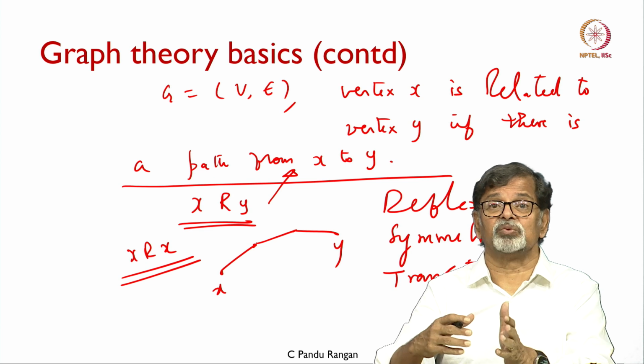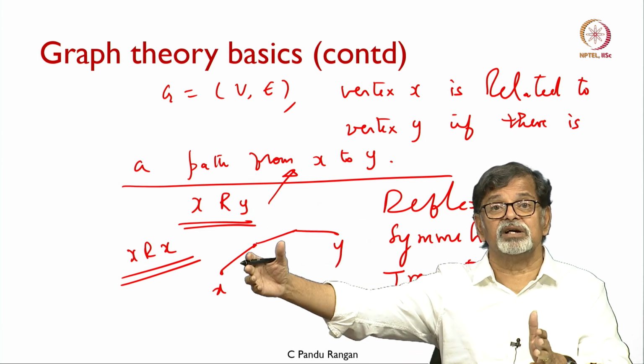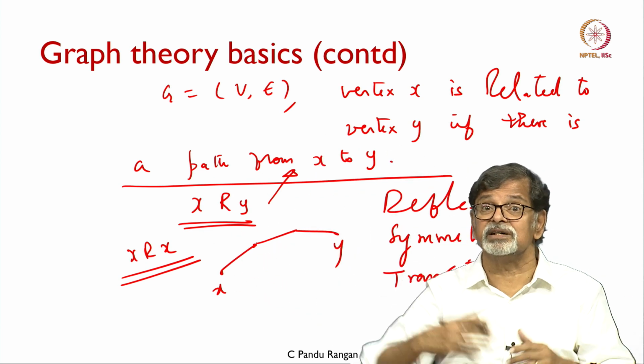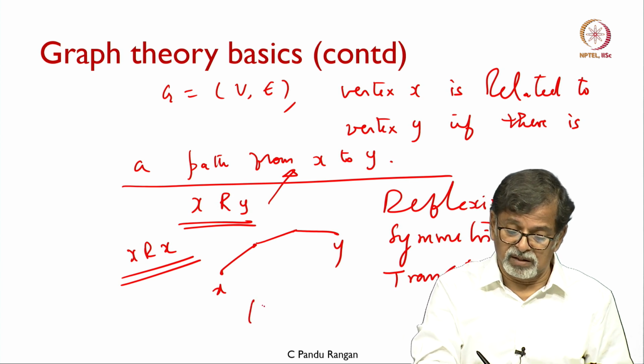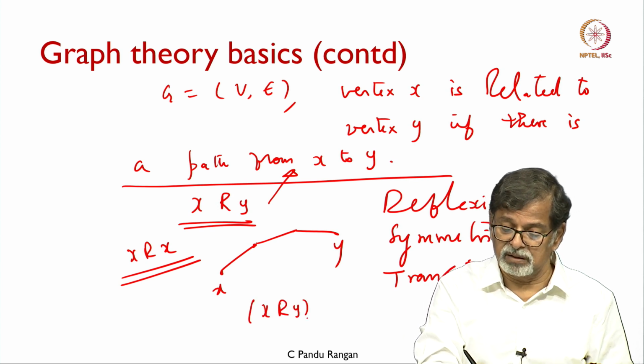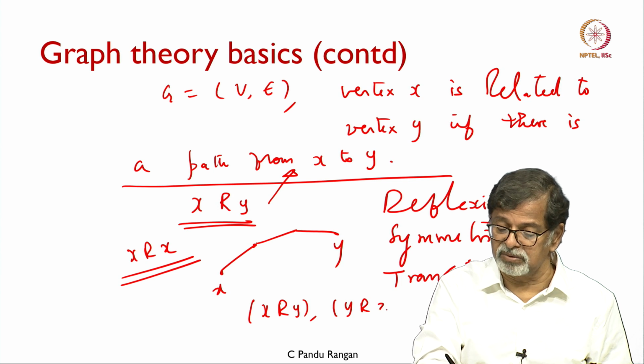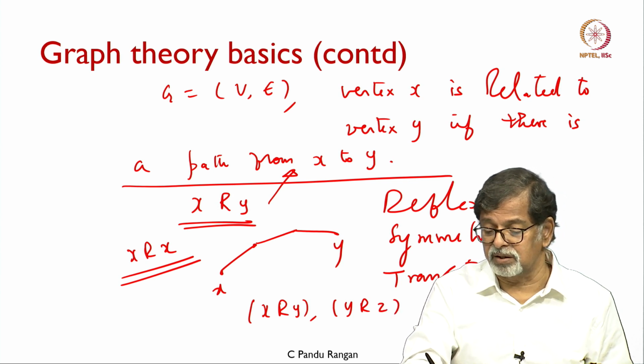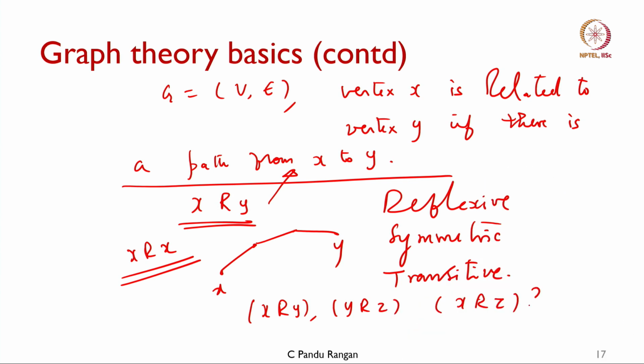If x is related to y and y is related to z, is x related to z? This is called transitive. Put in these terms, if there is a path from x to y and a path from y to z, do you have a path from x to z?